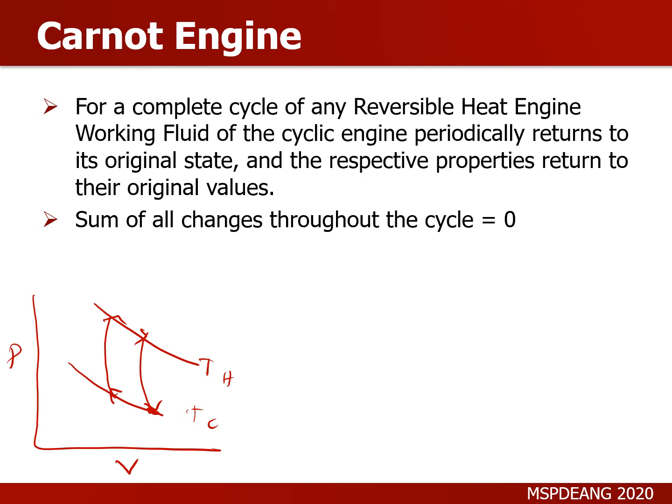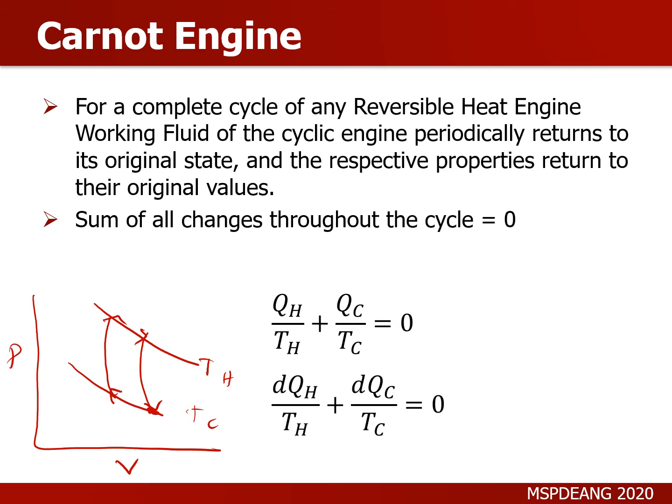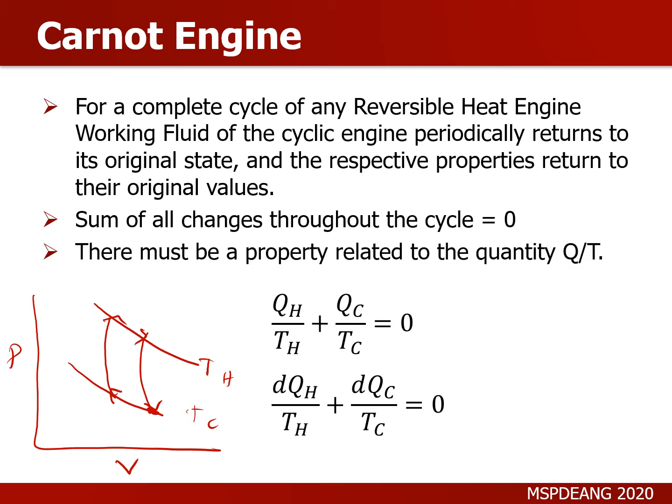However, we have also derived earlier that QH over TH plus QC over TC is equal to 0, and the sum of all the differential changes in Q over T per step in the cycle must also now be equal to 0. Now, if all properties will return to their original state, there must now be a property that is directly related to the quantity Q over T.